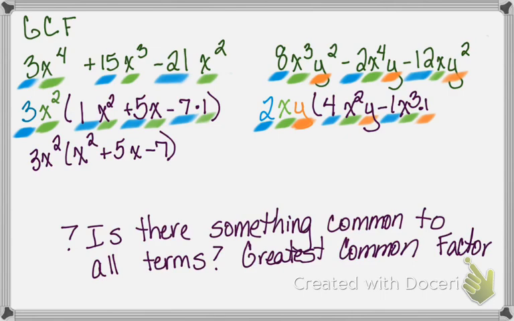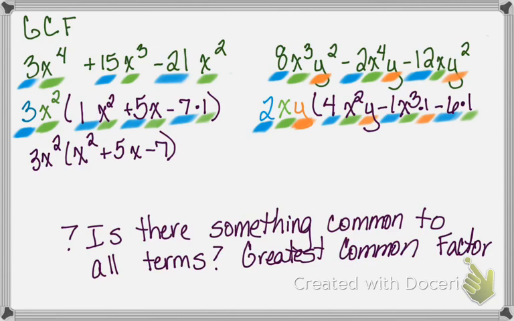Okay, now let's go back to the 2. 2 times what gives me negative 12? Okay. X times what gives me x? And it's times 1. Good.